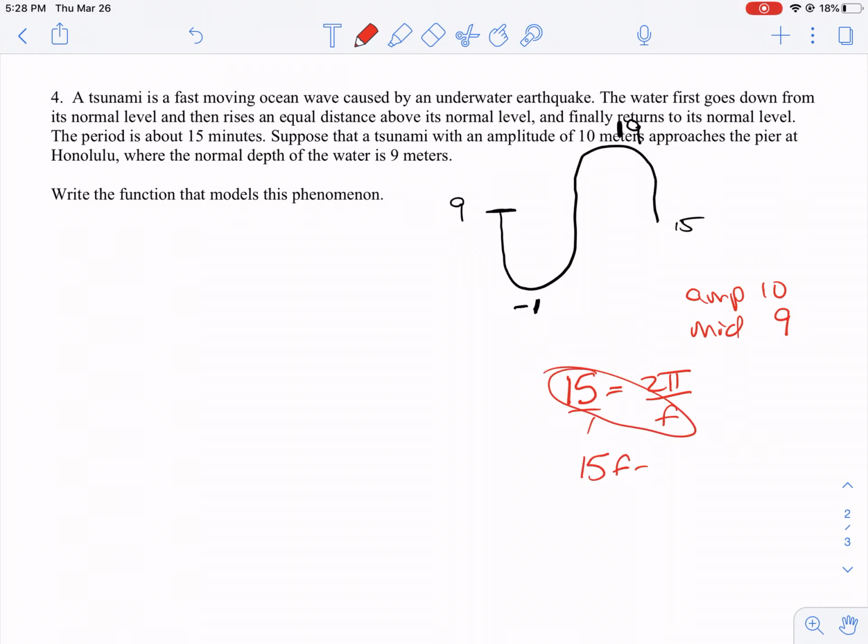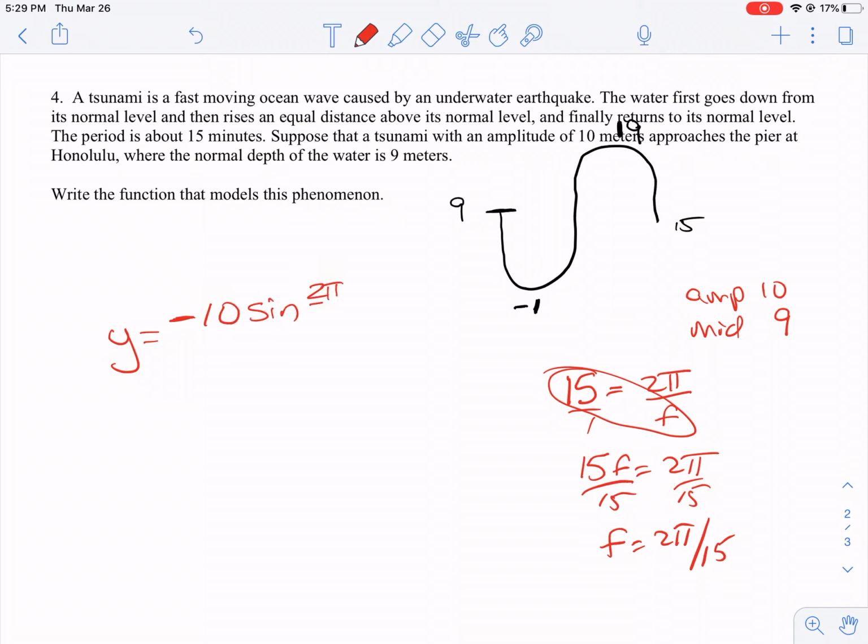Cross multiply. Frequency equals 2 pi divided by 15. Alright, so our sine function, it went down first, so negative. Amplitude was 10. Sine frequency x plus midline.